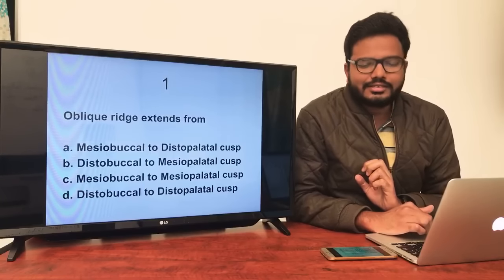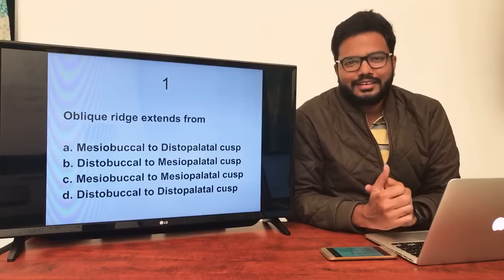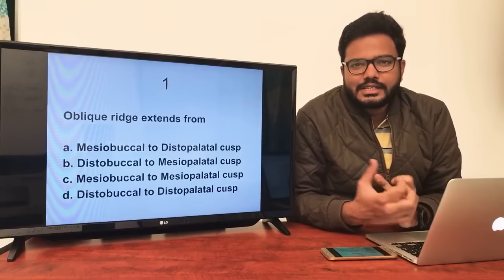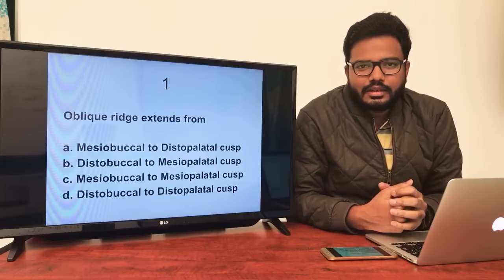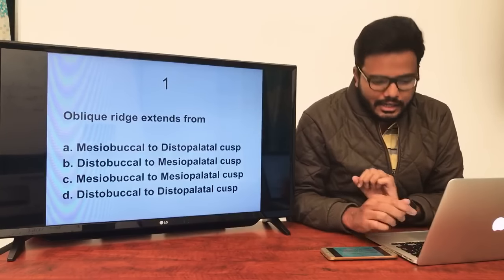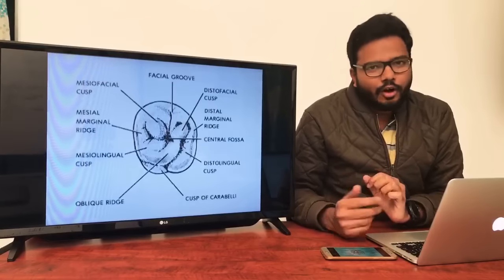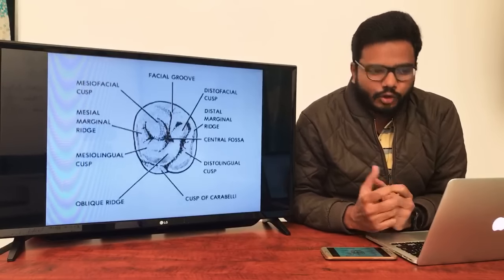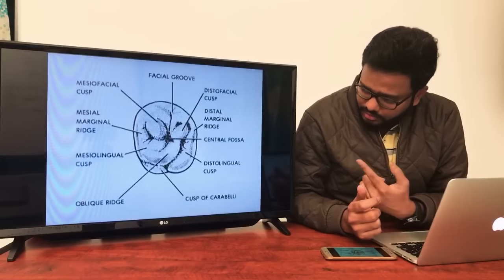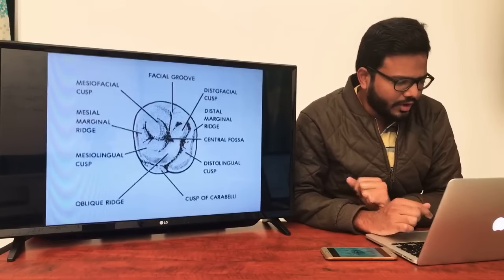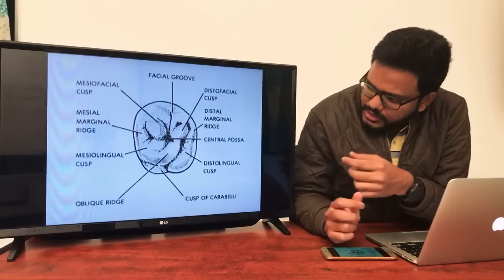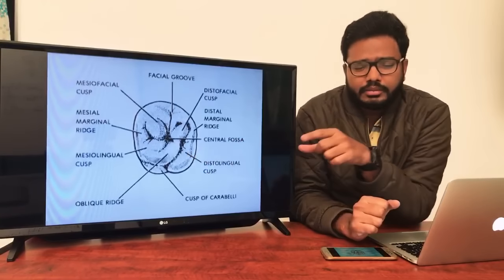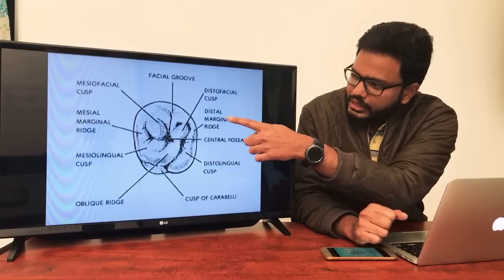It's like a standard equation more or less. Mesiopalatal, which is considered the largest cusp, and from mesiopalatal to distobuccal cusp would be the extension of your oblique ridge, as you all rightly mentioned. So option B is the right answer. As you can see in the image, we have the mesiopalatal cusp, which is the largest, and from there a ridge extending onto distobuccal.